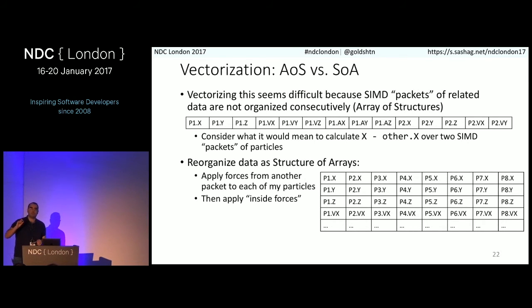So you could operate on these arrays rather than the whole particle. I don't have the full vectorized code here. It's just another application of the same principle of converting from an array of structures, an array of particles here, to a structure of arrays, a bunch of arrays with each structure's component individually laid out in memory. So it's a slightly different memory layout, which lets you speed things up.